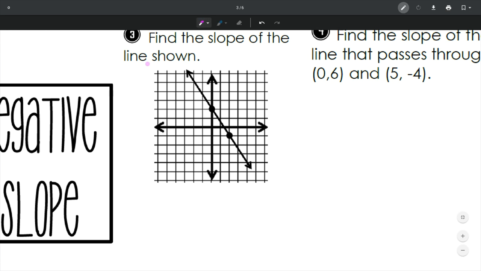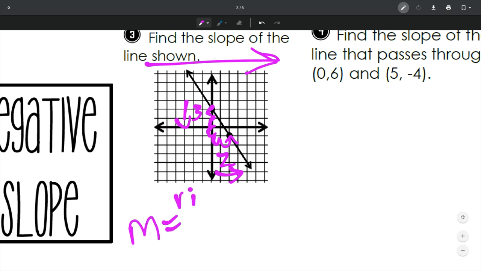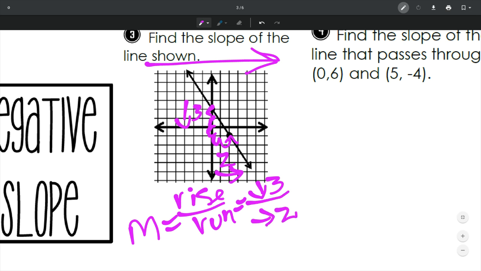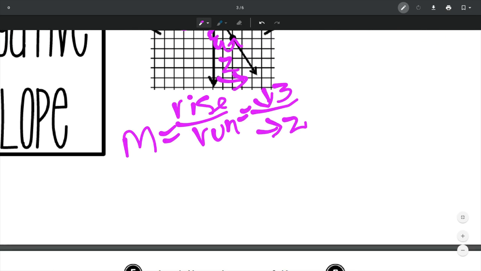And remember, because we're walking from left to right, we end up going down 1, 2, 3, and always to the right. And we went right 2. If we were using rise over run, we went down 3 and to the right, because it's always to the right, 2.